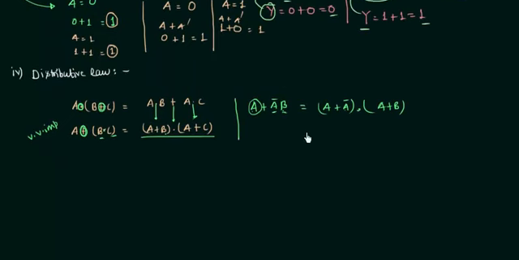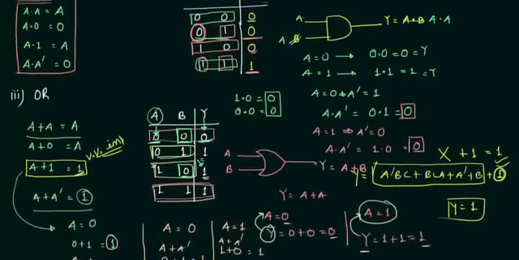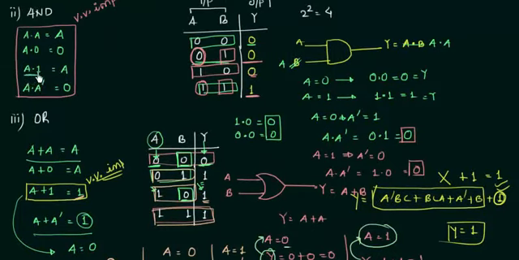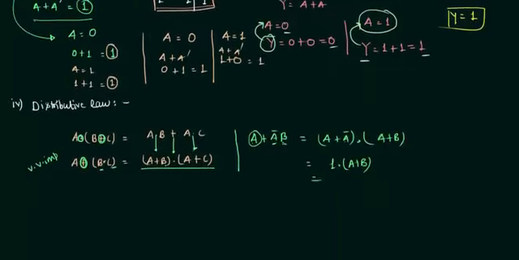So we have A or A complement as 1, and A or B. And 1 and (A or B): from here you can see 1 and A is equal to A. So if I say this A or B is X, then I have 1 and X. So this is equal to X, and X is A or B. So I have A or B. So directly, when I have A or (A complement and B), I will just eliminate this A complement and I will have A or B. This is the most important part of Boolean algebra.